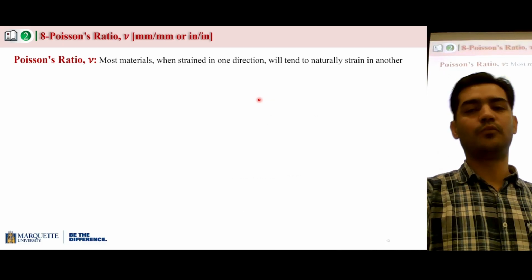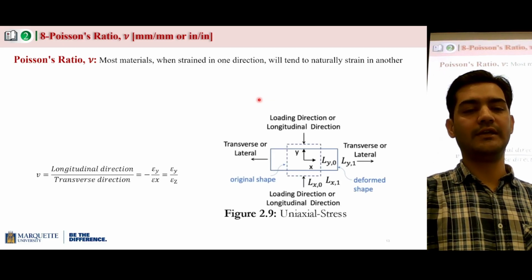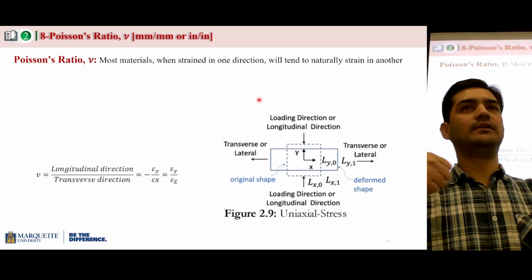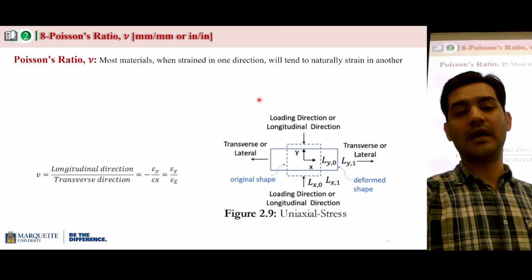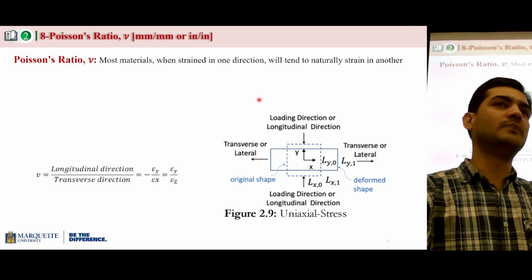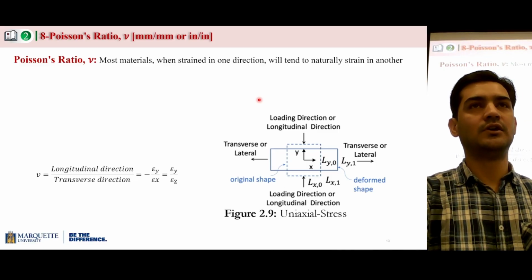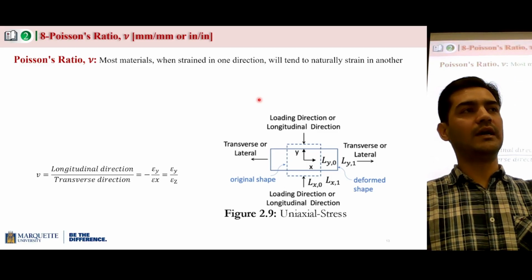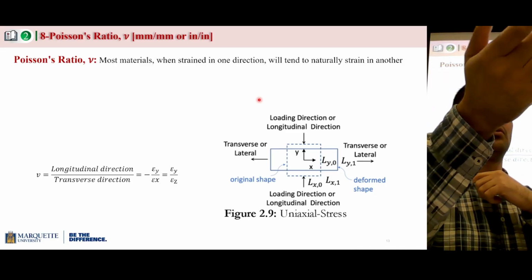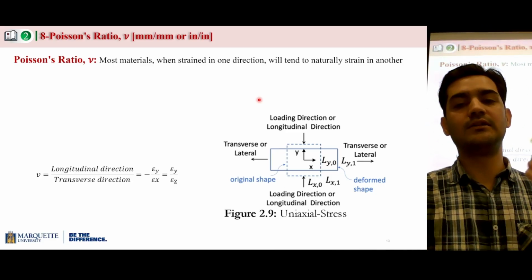And we also talked about Poisson ratio. So Poisson ratio is the ratio between the longitudinal strain and the transverse strain. And this is also a material property. For every material, we already know what the Poisson ratio is. So if we can calculate strain in one direction, we can use this Poisson ratio and calculate the strains in the other direction.